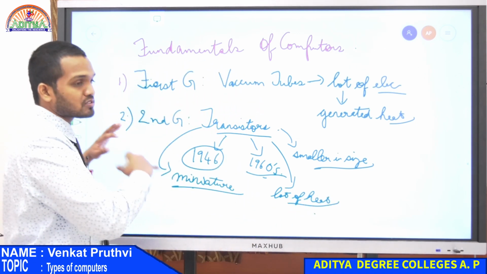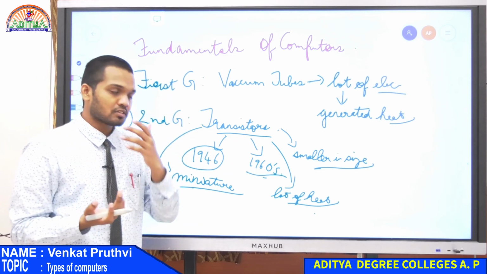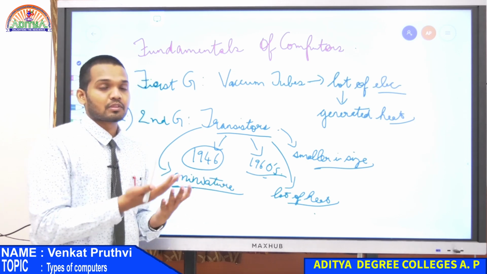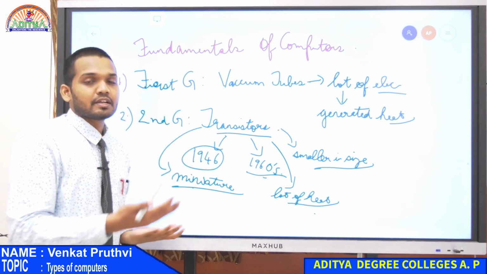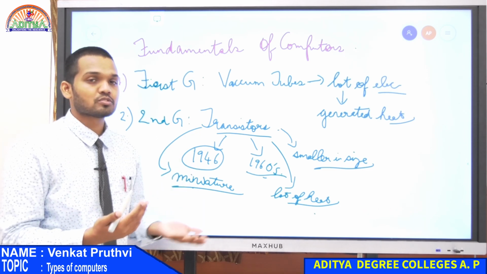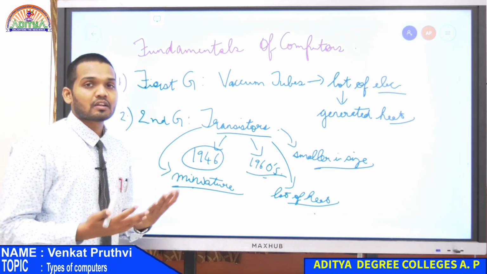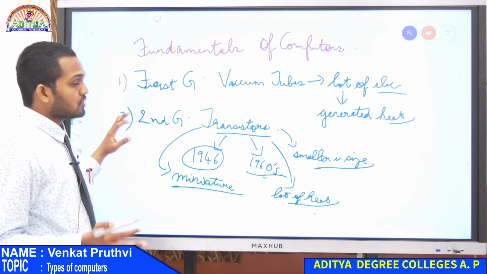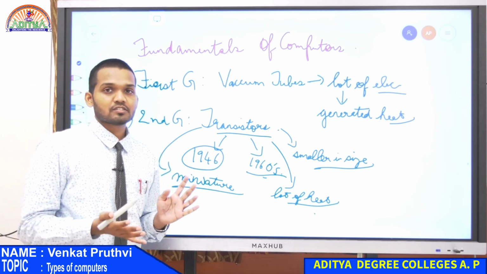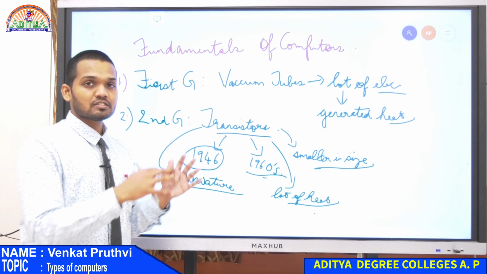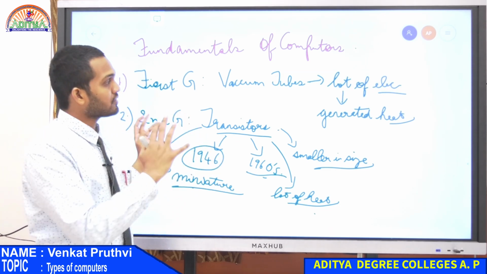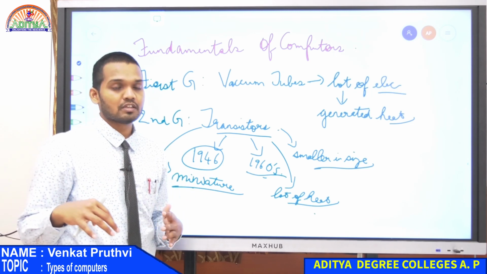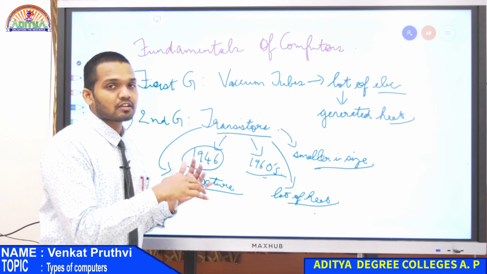When we had the first two generations, we didn't have much technology to use these kinds of computers to start with. It took a little time for us to understand things and get used to them, and then we started doing our research and finding different kinds of technologies. So the first and second generations sit under one roof, because neither of them were small like the computers we use in today's world, and they were generating a lot of heat.